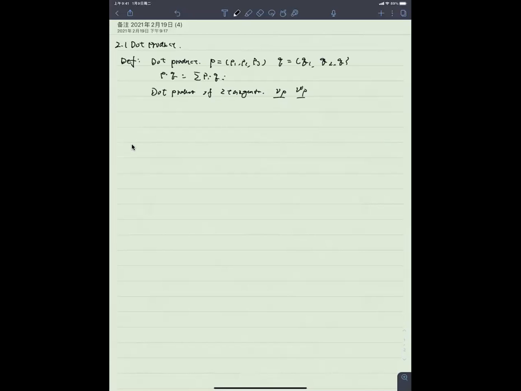It is inherited from the dot product of points. We can think of the vector part of a tangent vector as something like a point, so we can directly use V and W, and we can also write V and W in three-coordinate form.